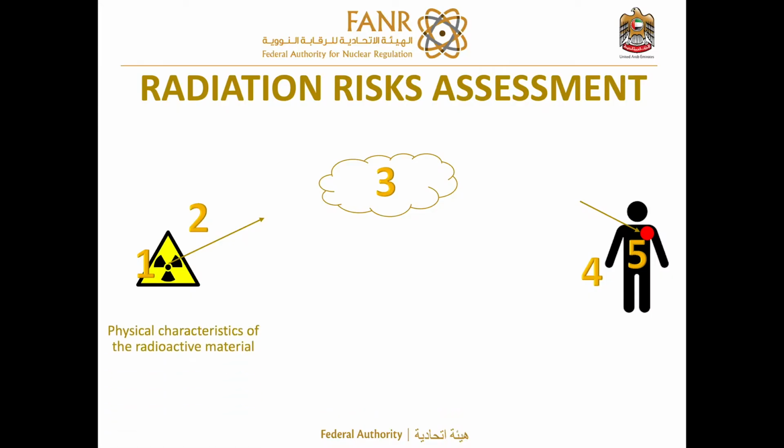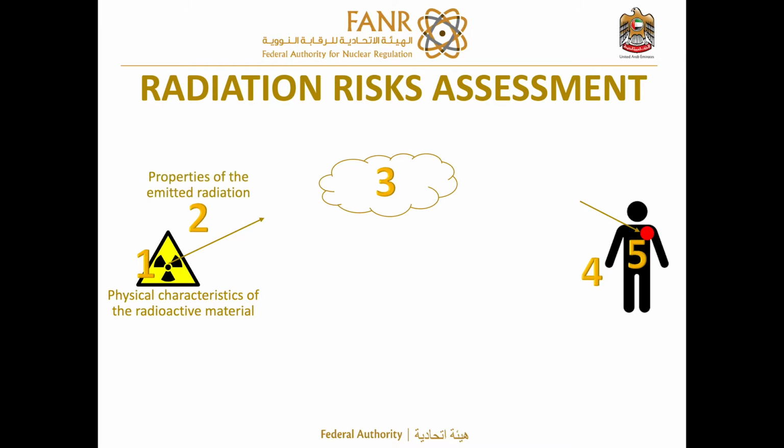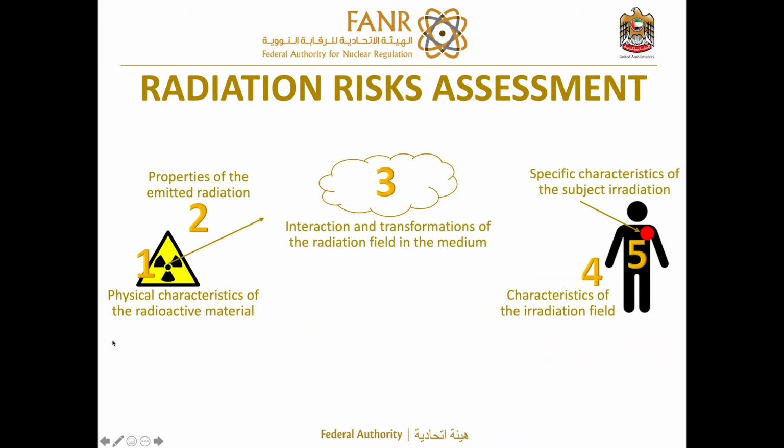And this is the reason why I started this chapter with these considerations, because we will use quantities related specifically to the characteristics of a radioactive material in order to express source quantities, which describe indeed the emitted radiation from a source.